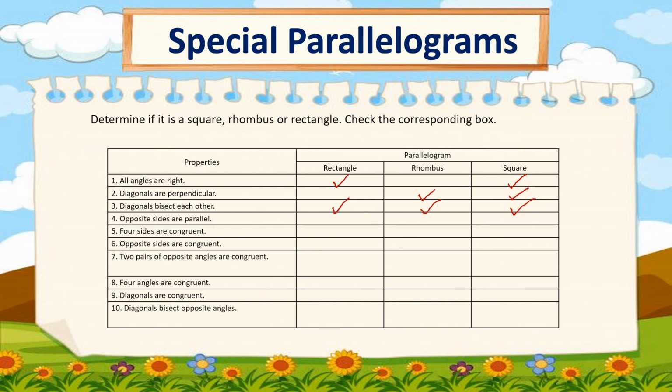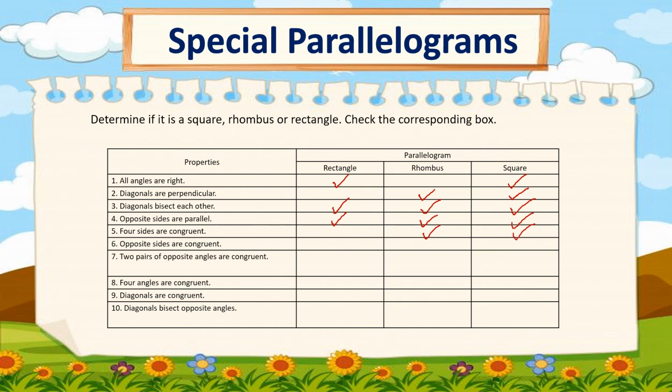Number 4. Opposite sides are parallel. Based on the definition of a parallelogram, it has two pairs of opposite sides that are parallel. So this is true to all: rectangle, rhombus, and square. Number 5, 4 sides are congruent. So this applies only to rhombus and square.